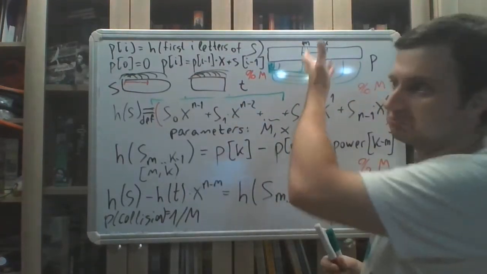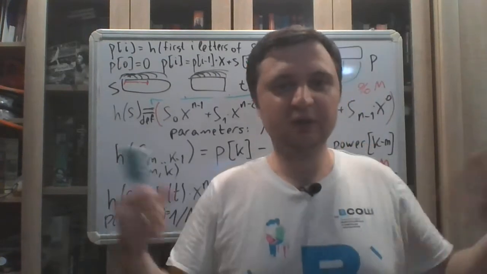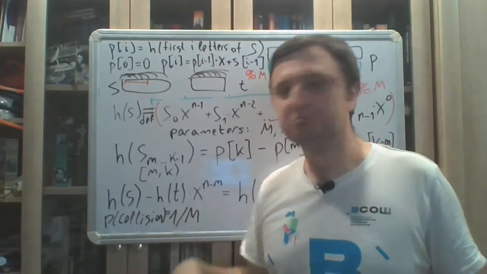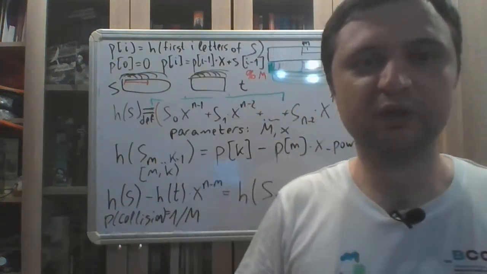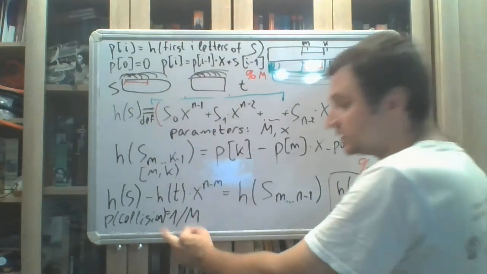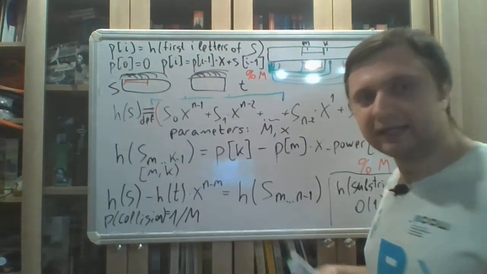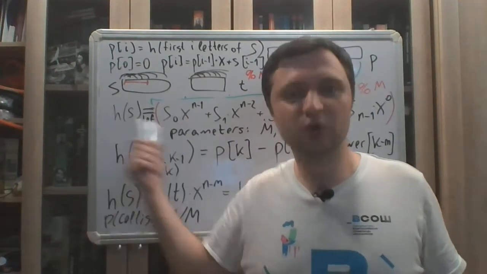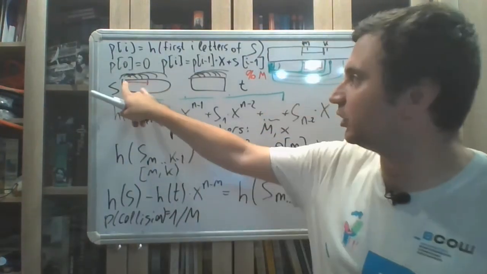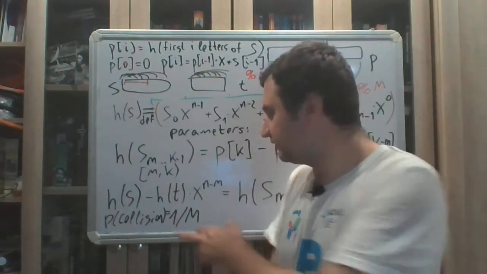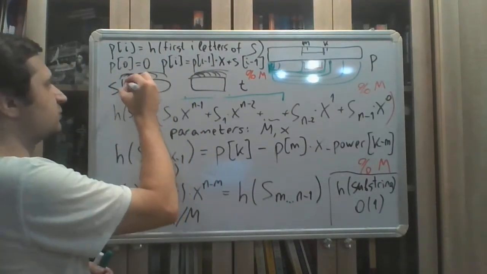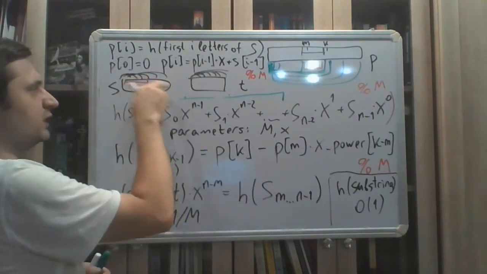So if m is much larger than your reasonable number of operations, then this can be negligibly small for real life purposes. Or for harder mathematical tasks, you can consider this a good approximation and calculate formally what is the overall probability of you having an error here or here or here. But if you believe that this is almost zero, then you simply calculate the hash function of this substring, this substring, and so on.